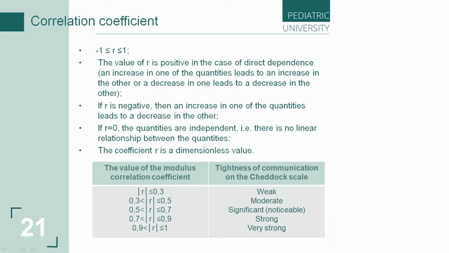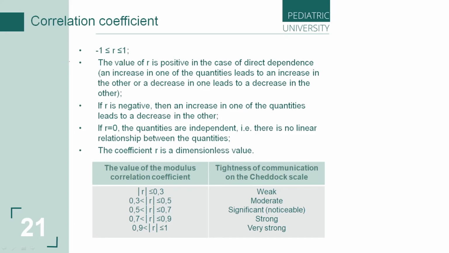If you suddenly get a coefficient value greater than 1, maybe 1.5 or 10 or 55, or less than -1, for example -5 or -1.5, then you have an error in your calculations. Find the mistake, please.